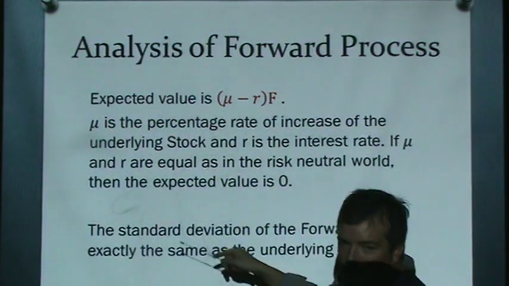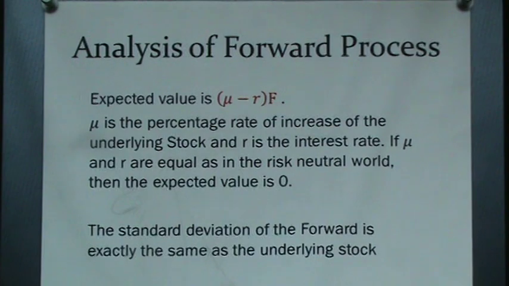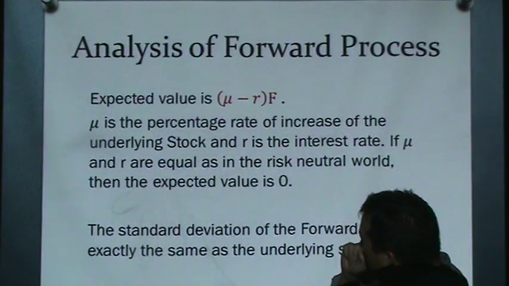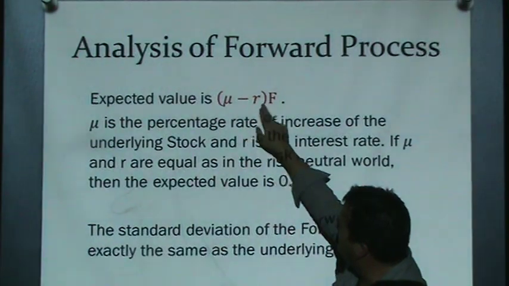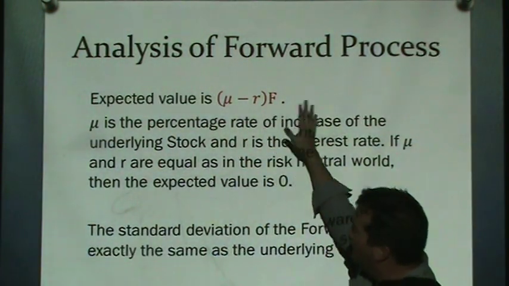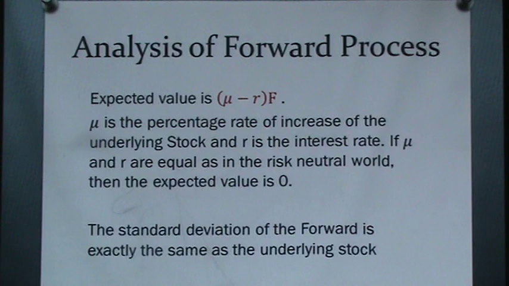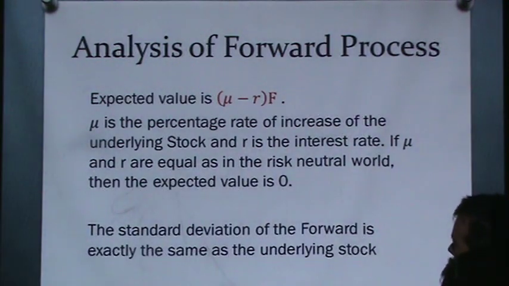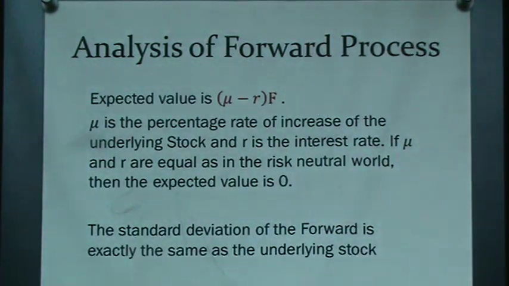If that comes out to be some non-zero number, there might be some examples we'll go over where these two do not match, then whatever this comes out to be times the value of the forward would end up being the expected value of the forward as time goes on. The standard deviation of the forward is exactly the same as the underlying stock in this case. That's not always true with Ito's lemma. You don't always get the same coefficient originally, but in this case you do.